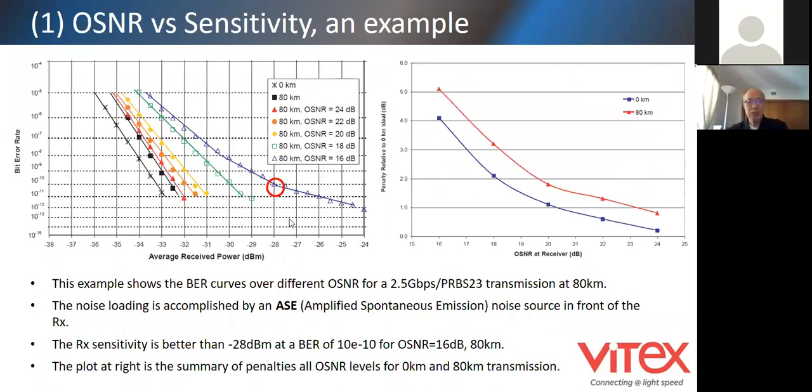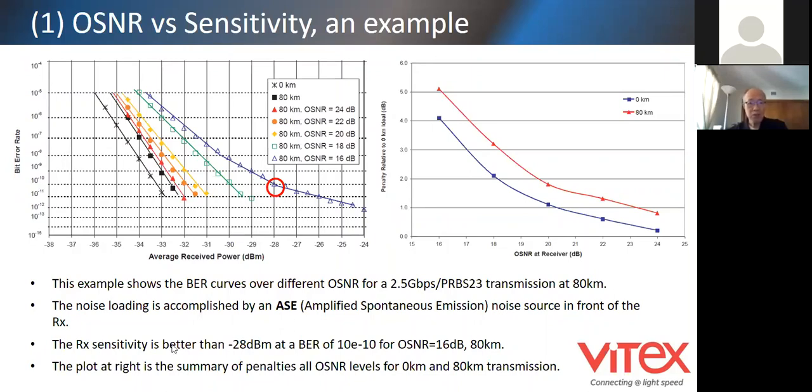And the next page, I add the fiber there. The fiber is 80 kilometers, with the same number of curves for OSNR, just redone with the fiber. So you can see the sensitivity degrades by 1 dB, from -29 to -28, for the same bit error rate of 10 to the -10.